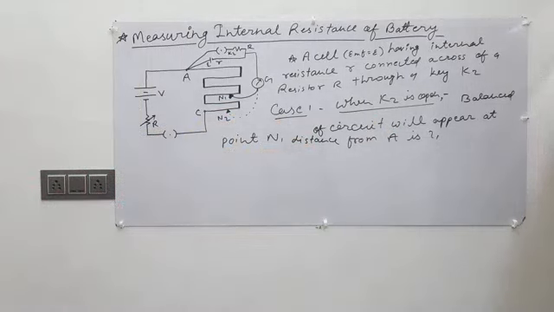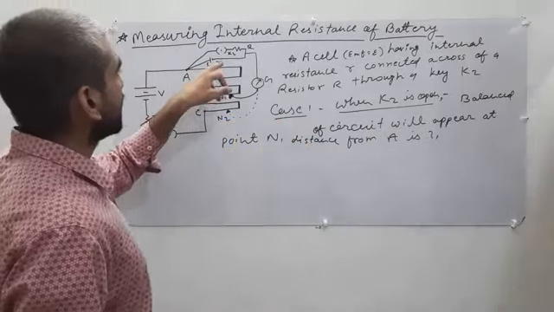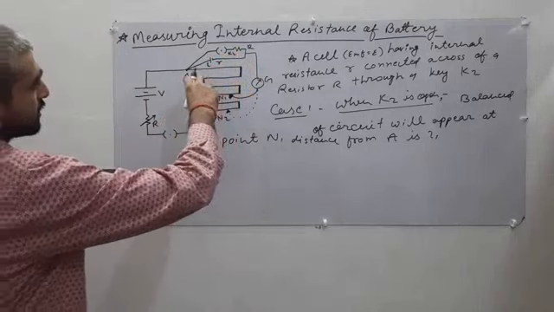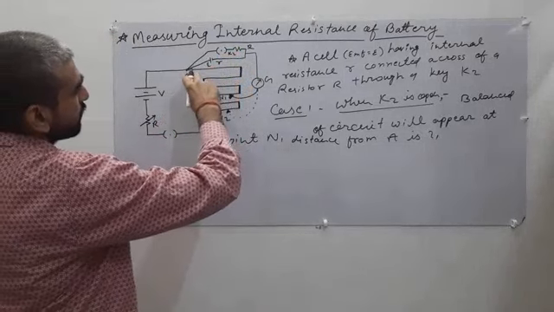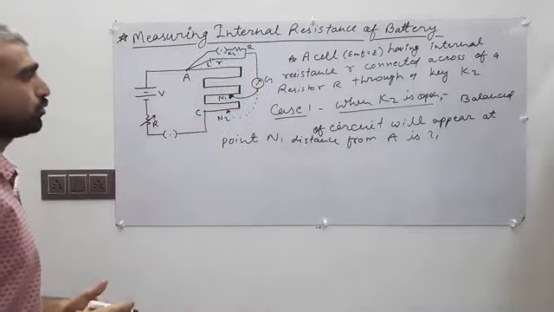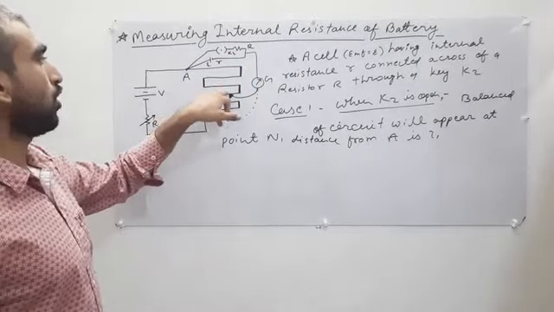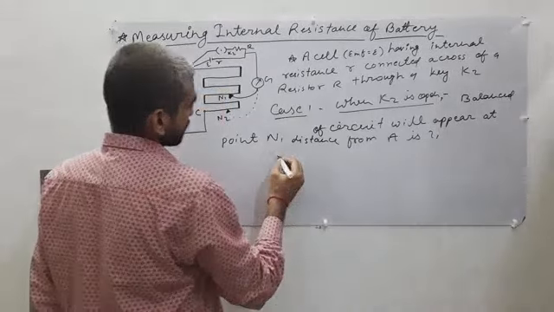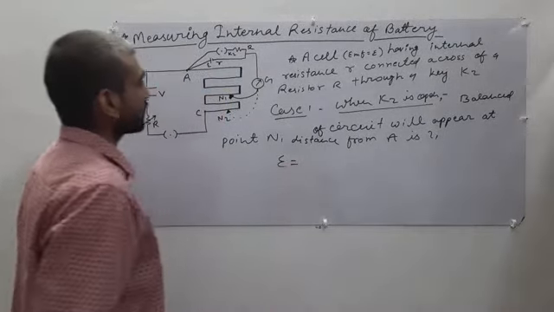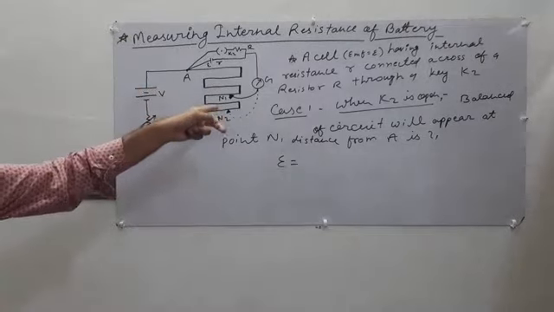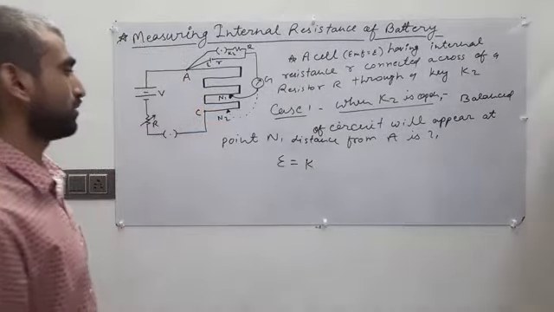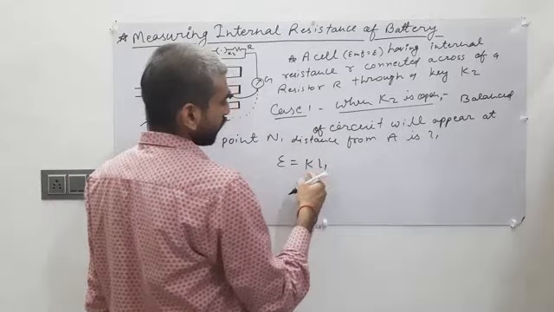Okay, so in this condition when our K2 is open, this will form a loop, and in this loop the voltage difference at N1 equals K, which is potential gradient, times L1. Okay, E equals K L1. What is the meaning of K?